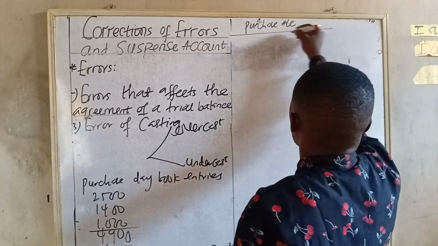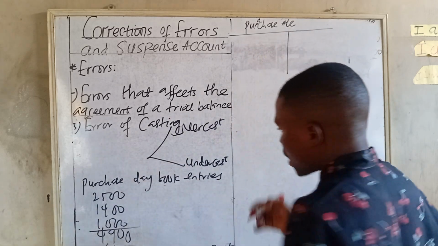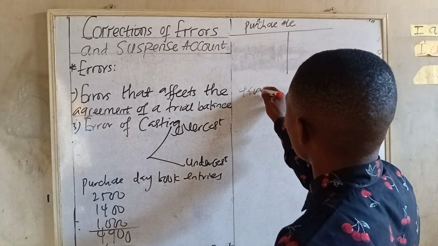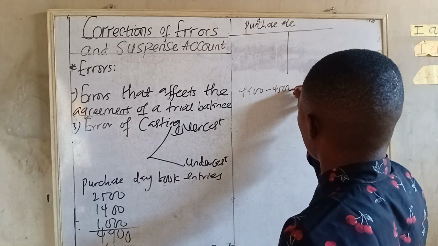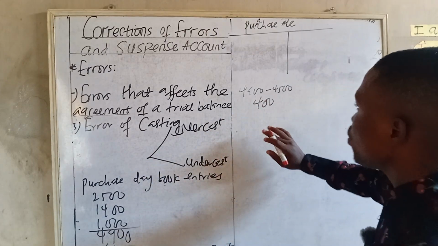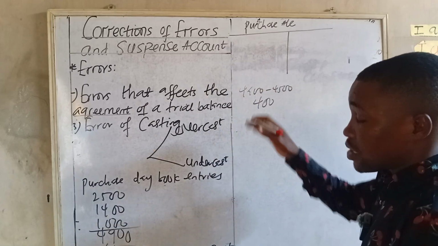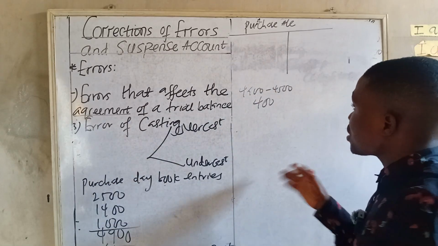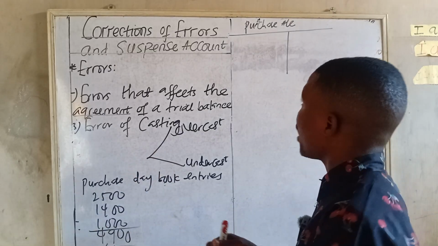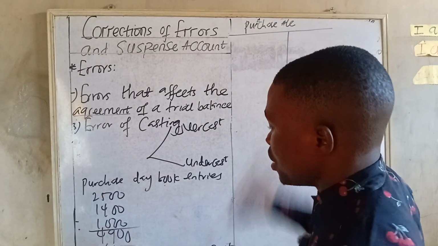So we just need to open the purchase account here. Now, look for the difference. 4,900 minus 4,500, we have 400 difference. So you just need to add this back. Since it's an undercast, we need to just add it back to the purchase account. And normally we know that the purchase account usually has a debit balance.